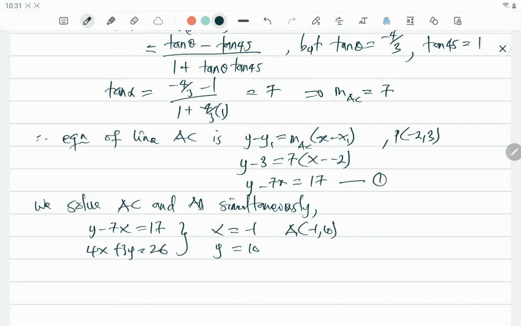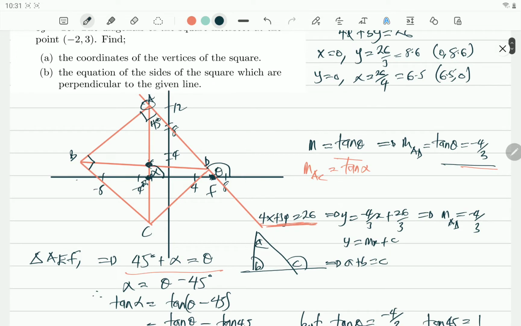Now we have the point A, right? This is now minus 1 and 10. We are to solve another point, but we can easily use the midpoint formula to find the point at C, right? Because we have a point on A and we have this point here.